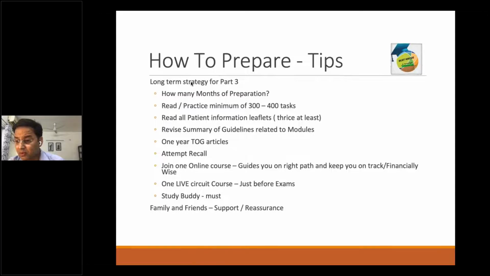They make you understand the lay language, or patient-friendly language. I began my preparation by reading patient information leaflets. It's a change from the preparation of part 2, because you get to know a lot, and it helps you in day-to-day clinical scenarios and in your counseling also.